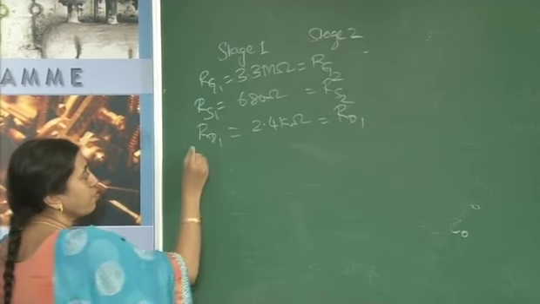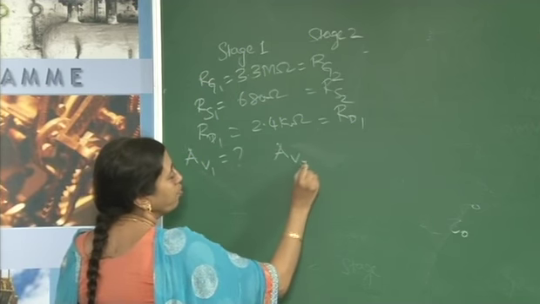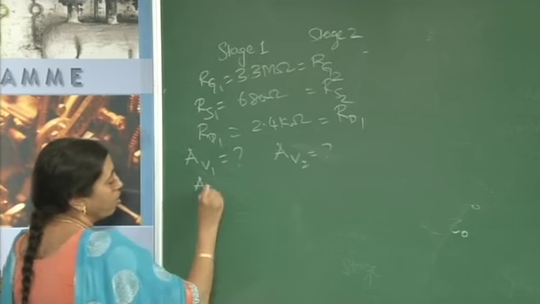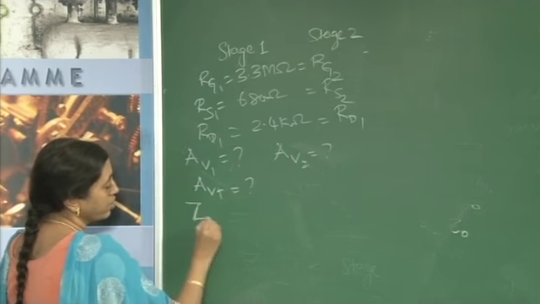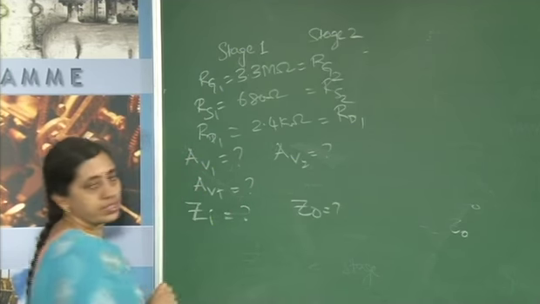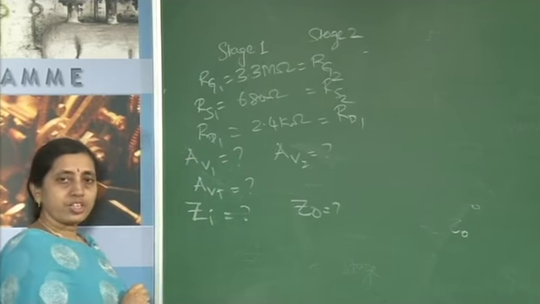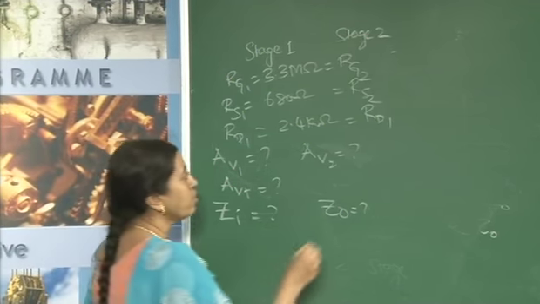Now, for this we need to find out AV1, AV2, the overall voltage gain, then you have to determine the input impedance and output impedance. The FET parameters are specified, that is IDSS and VP are given.